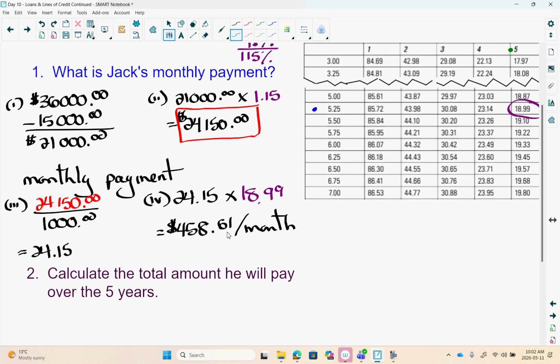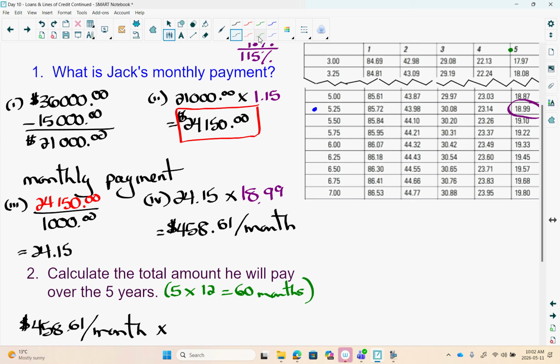Okay, how do I figure out how much he pays back in 5 years? I got to change 5 years to months. 5 times 12, 60 months. You good at that? And then what am I going to do with this number 60 and this number 458.61?